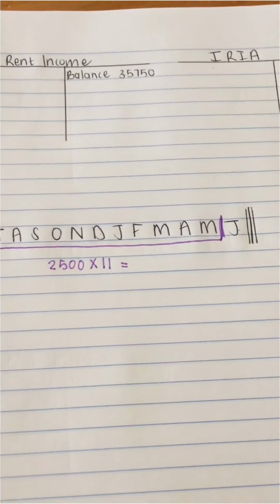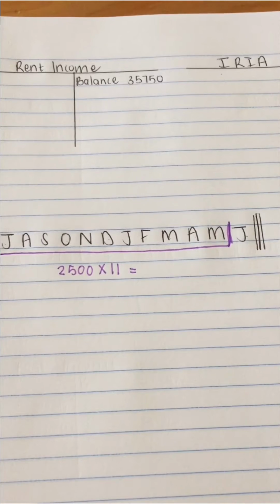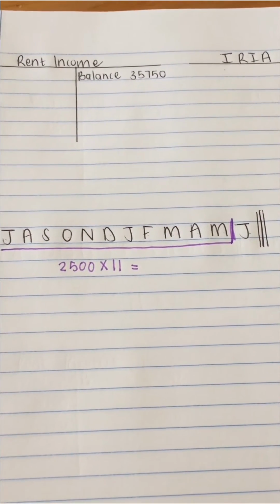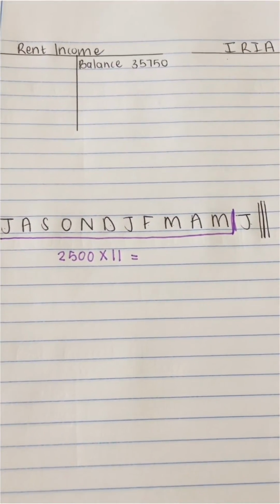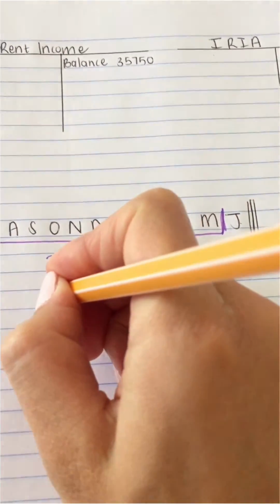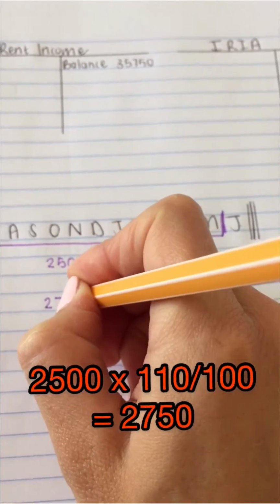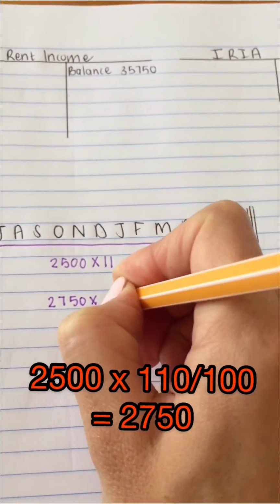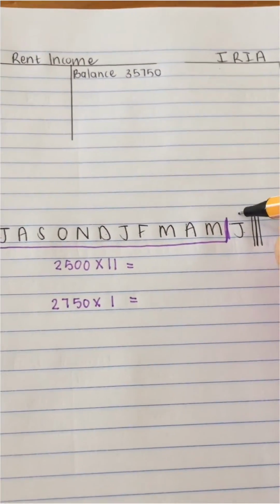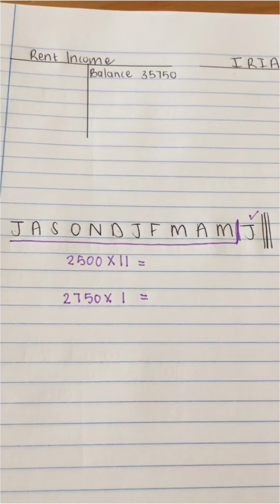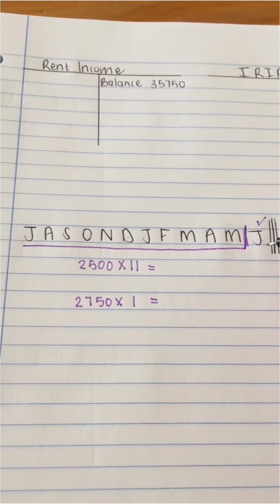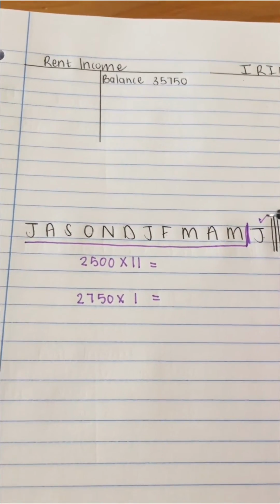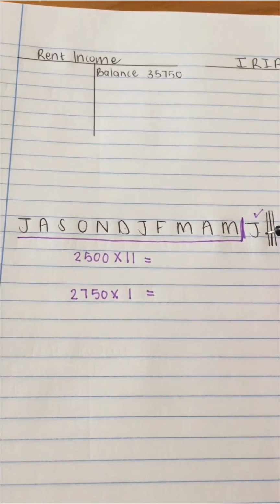Then I also know that in June it increased with 10%. That means the new rent amount is 2,750 and I should only get it for June. So I've received all the others, I hope, and then only for June, the last month, it increased.